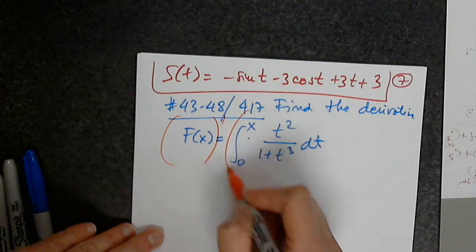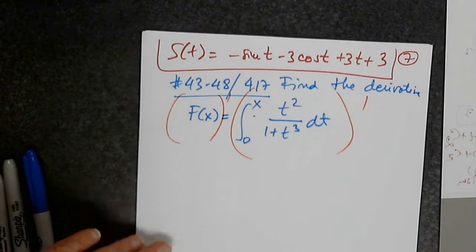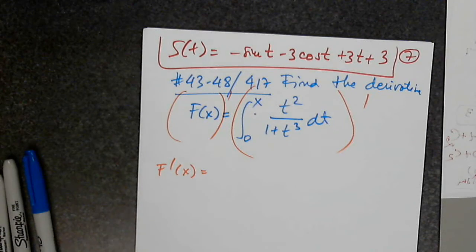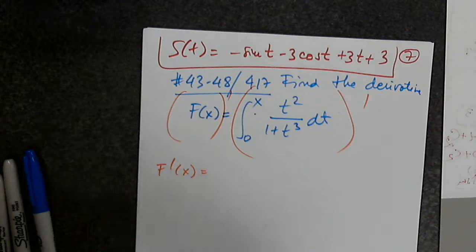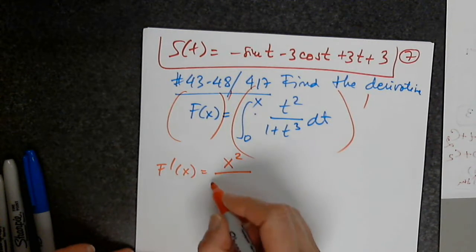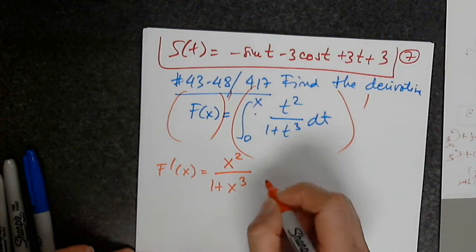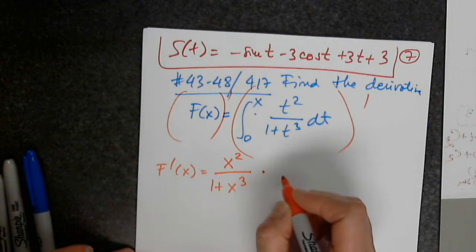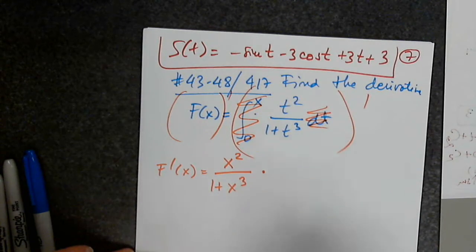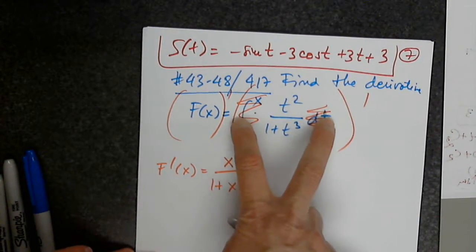So I'm differentiating the left-hand side. I'm differentiating the right-hand side. So the left-hand side is f prime of x. Now carefully tell me what to write on the right-hand side. x squared over 1 plus x cubed. Yes. And I should write t multiplied by, no. The t's go away at the same time.